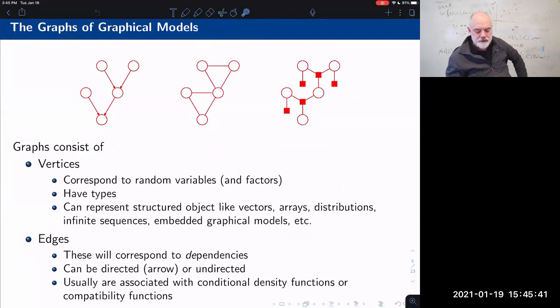So vertices in graphical models correspond to random variables in the statistics and probability sense. In factor graphs, these little square nodes correspond to compatibility functions. So these would be random variables here, and there would be functions on these. Again, I will skip this part; you can read about that on your own if you want to.